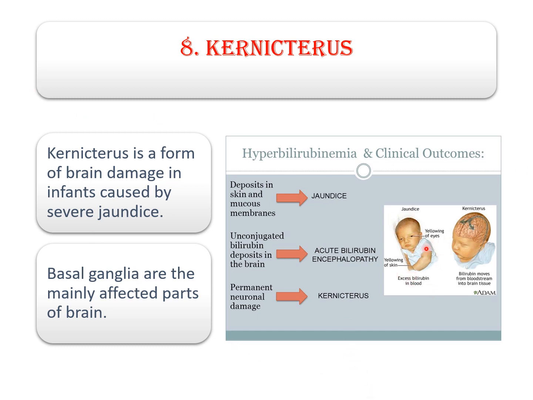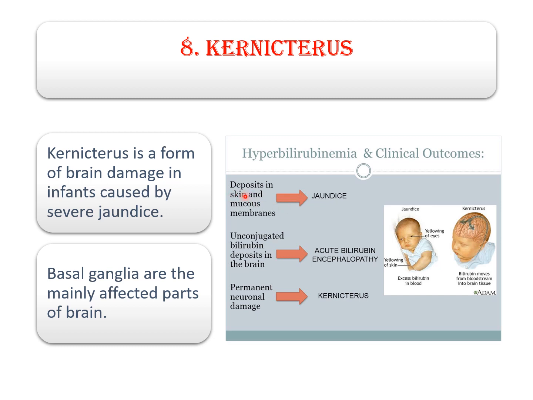There is yellowish color of the eyes and yellowish color of the skin. The cause is excess bilirubin in the blood. But this is an image of kernicterus. Bilirubin moves from the bloodstream into the brain tissue and is deposited in the basal ganglia.